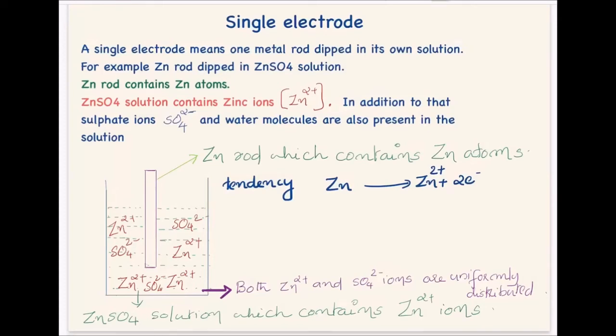This reaction, if you see, is a release of electrons. Equation involves release of electrons. Release of electrons means oxidation reaction. So the tendency to become oxidized, the tendency of oxidation, we call by a name, that is oxidation potential.